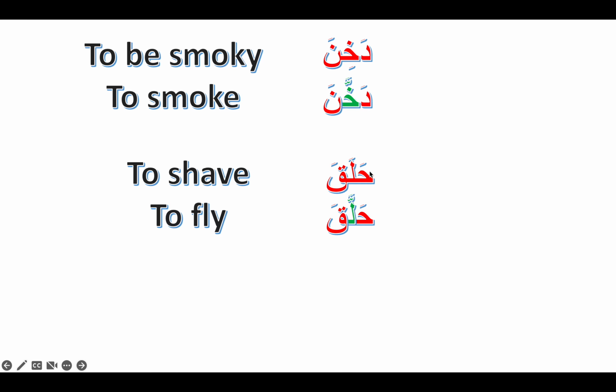An example is حلق, which is to shave your face or your hair, and then حلق, which is to fly. Now, there's no correlation between the two, except that they both have the same root letters. Form 2 because of the shadda on top of the root letter. Just to note, حلاق is a barber, so it's derived from حلق, Form 1.